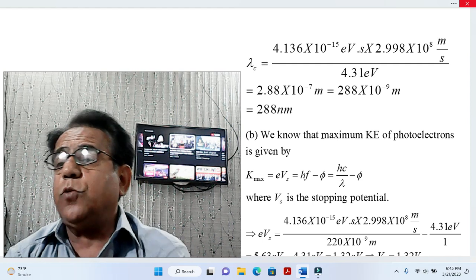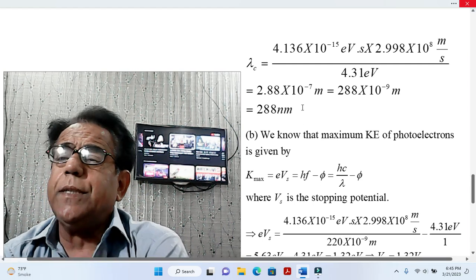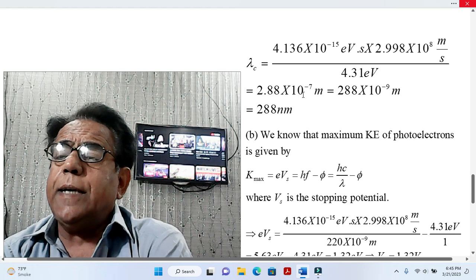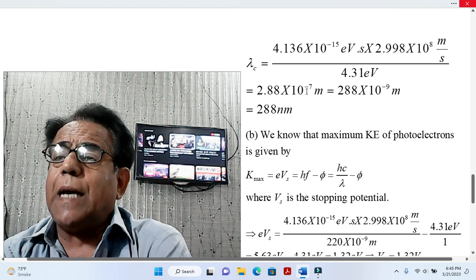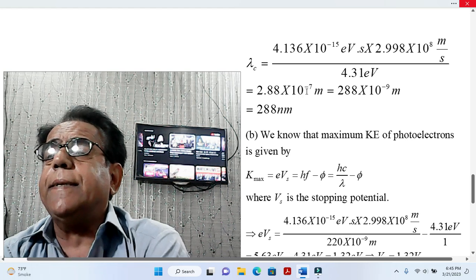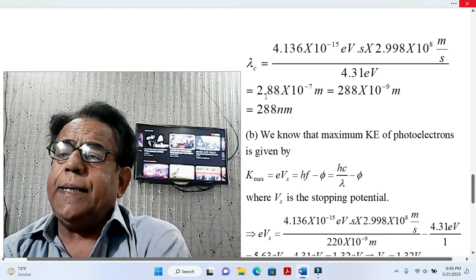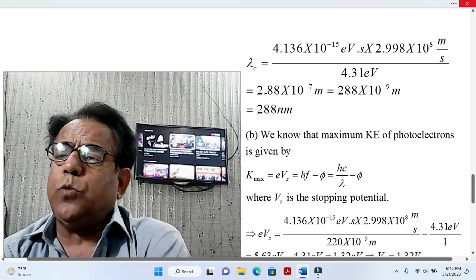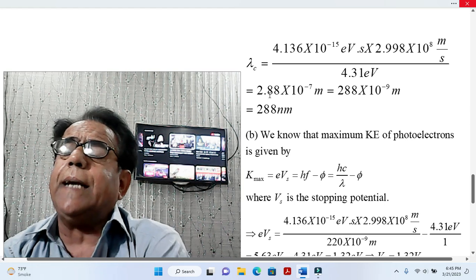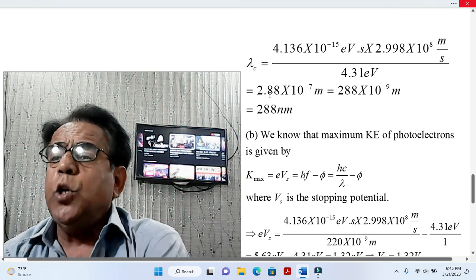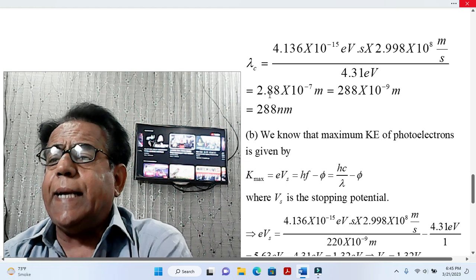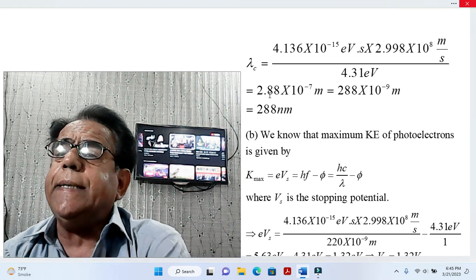Okay, so dear students, in order to convert this 10 to power minus 7 into 10 to power minus 9, this decimal will be shifted 2 stages ahead. Okay, that is, in place of 2.88, it will become 288.